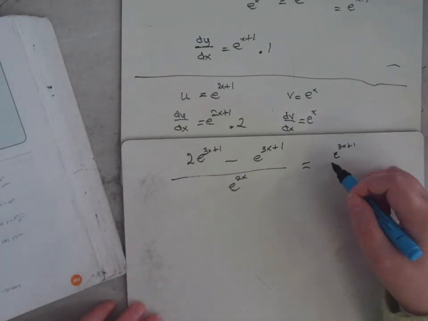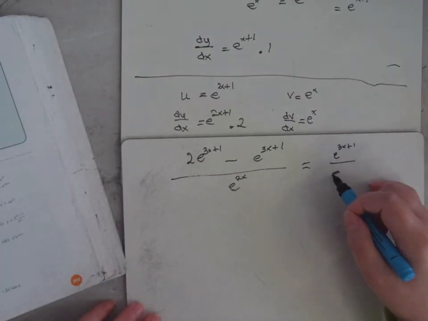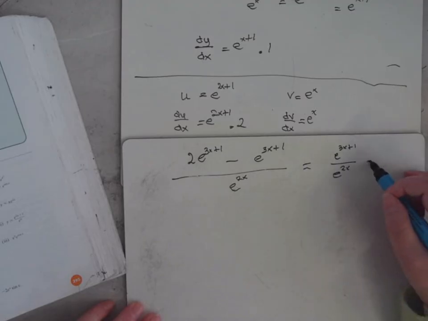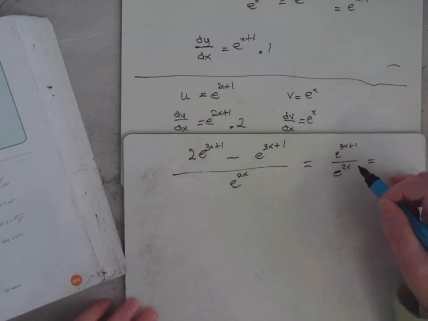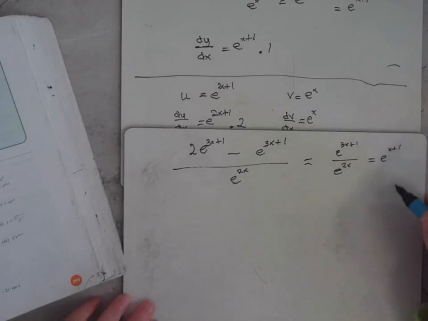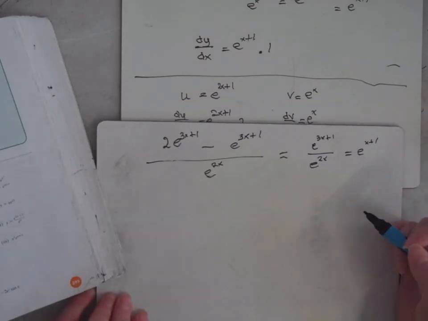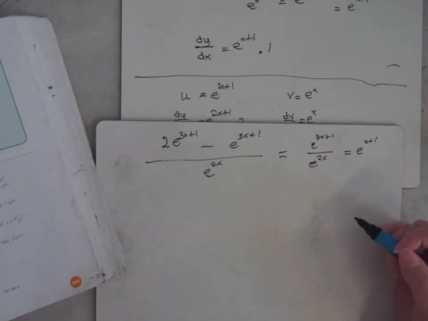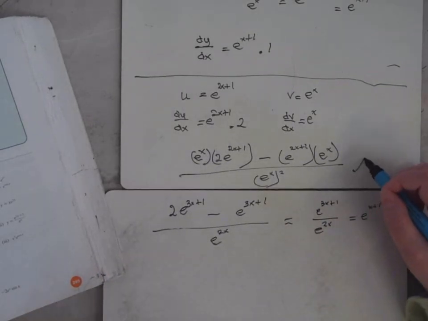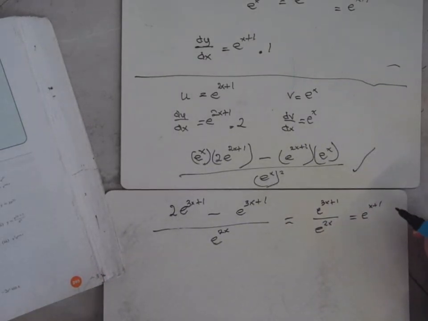Does everyone see that? Now to do division, what do you do? Subtract. So 3x plus 1 take away 2x is e to the power of x plus 1, which is what I got over there a minute ago. Is that right?